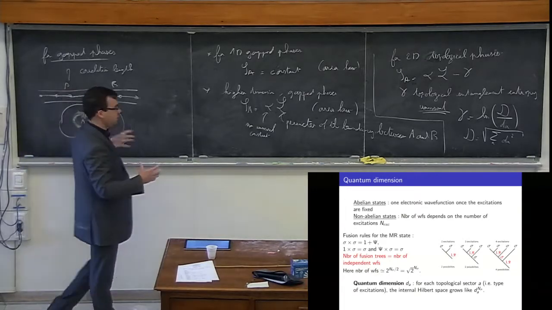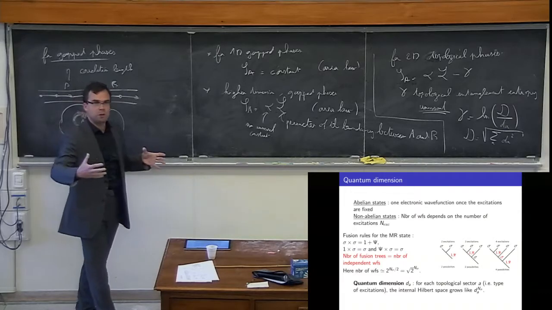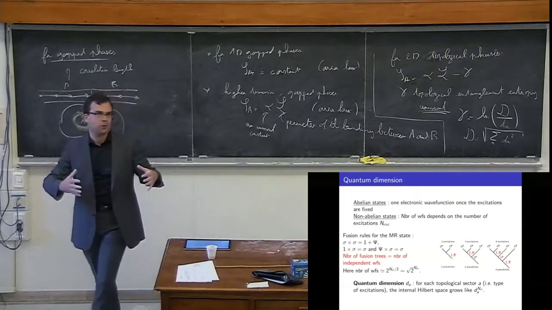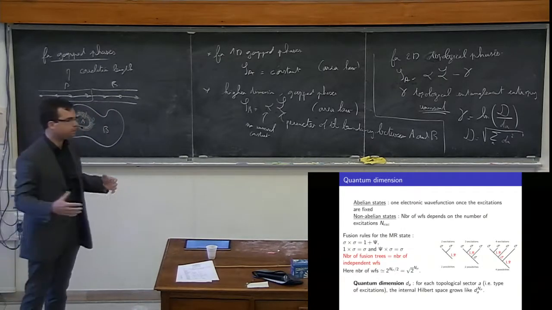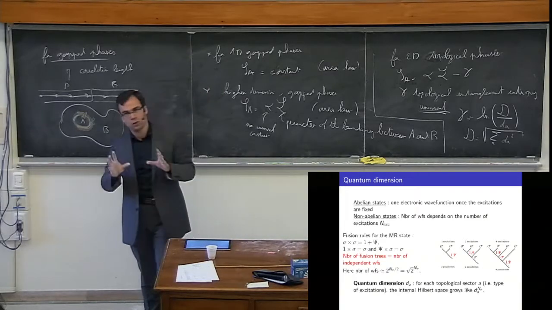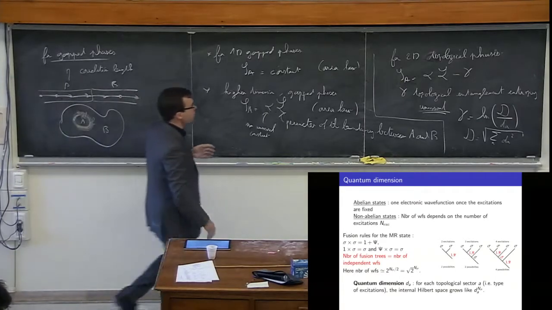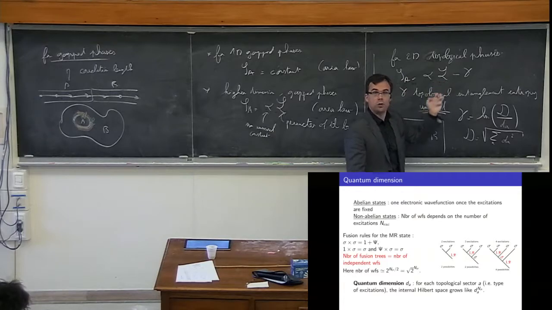If you go beyond half of the system, you don't get more information. Remember that the entropy for A is the same as the entropy for B, so it's useless to take A larger than half of the system. And if you do numerics, it's a very strong constraint. It's sometimes very difficult even to see, for example, the area law in your numerical simulation.